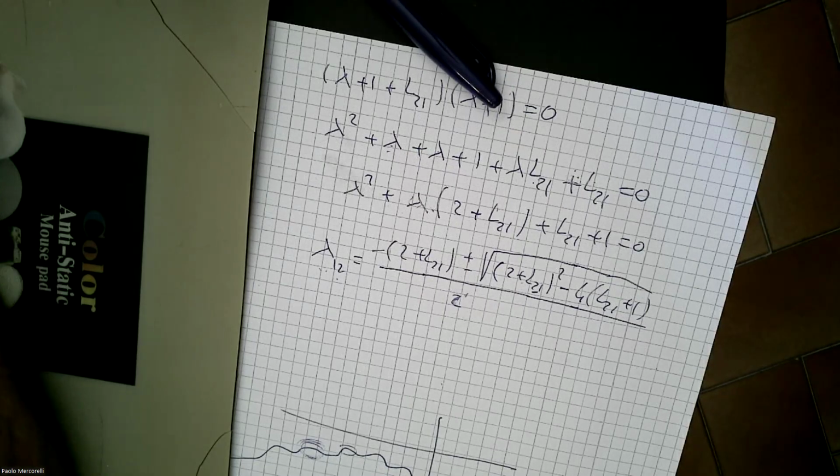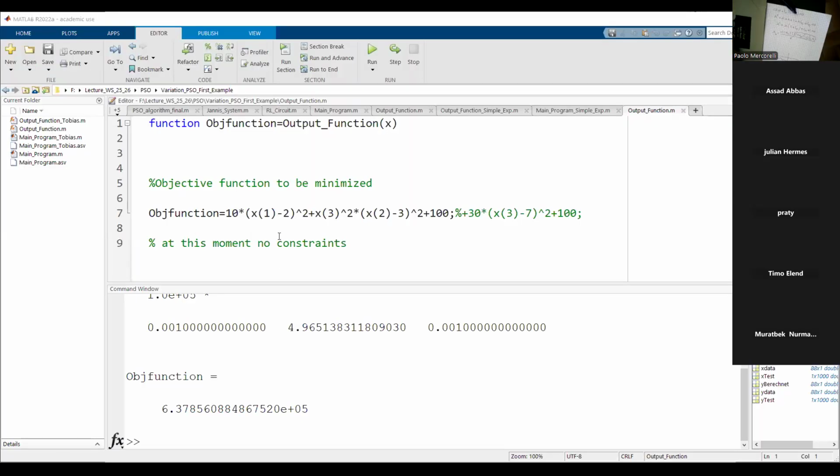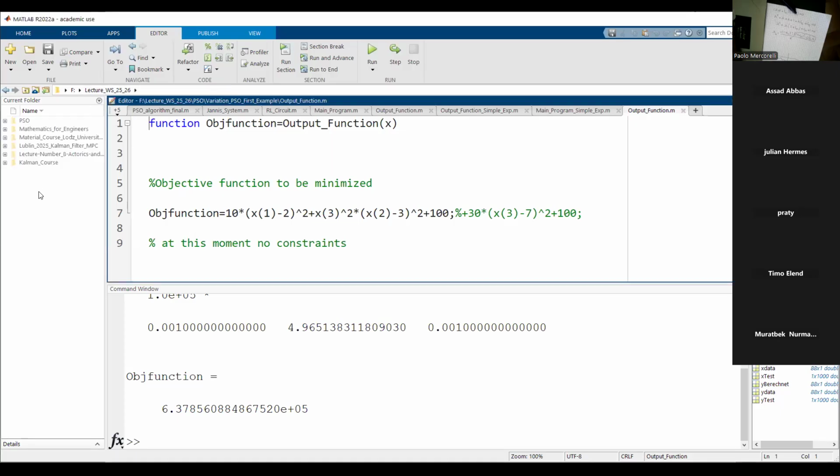Okay, now MATLAB is open. Here is MATLAB, right? I have many windows open. Let me go to the right folder. Here we are.